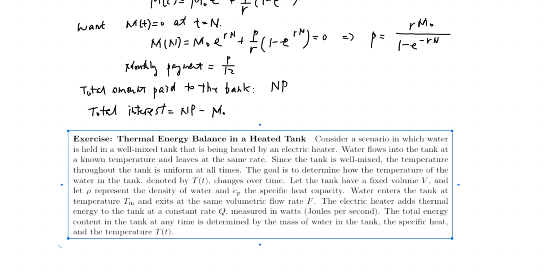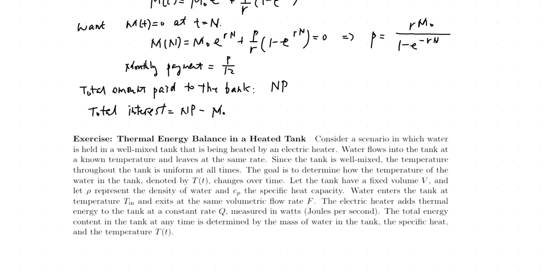It's thermal energy balance in a heated tank. So the scenario is, you consider water held in a well-mixed tank. The tank is being heated by an electric heater. So you have water flowing into the tank. The inflow water comes at a given temperature and it leaves at the same rate.